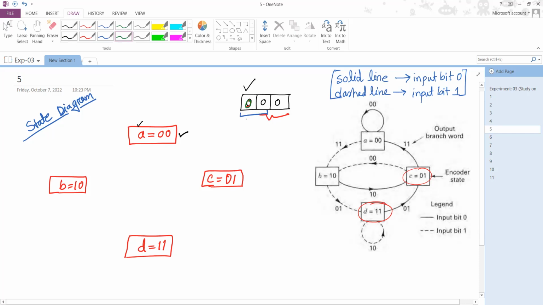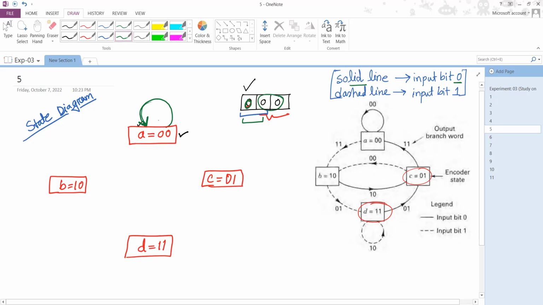So as I've already told, if the input bit is given as 0, then we'll represent it by a solid line, right? So we are just representing it as a solid line, and it is back to its original position. That means the present state is 0, 0, and after inserting input bit 0, it is again becoming 0, 0 and coming back to its position.